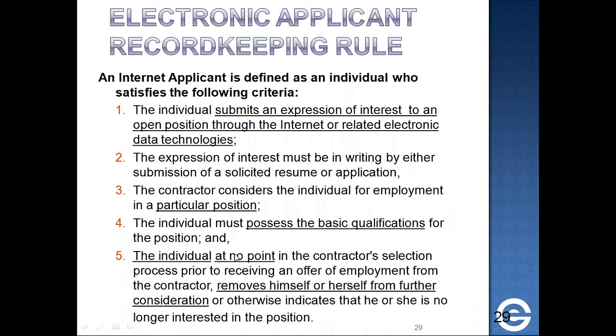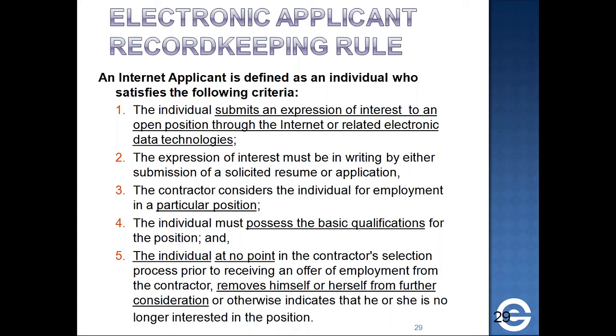This is the electronic applicant tracking rule. Number one, the individual must submit an expression of interest to an open position through the internet or related electronic data technologies. Now, we are asked quite often, what happens if we have an applicant that just writes any or all positions or something like that?